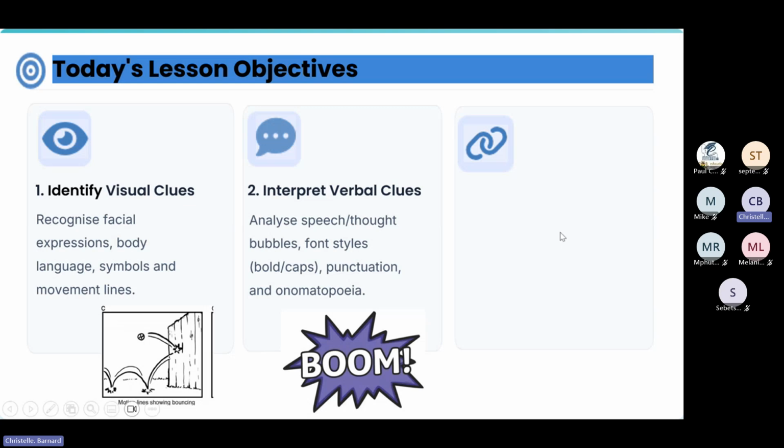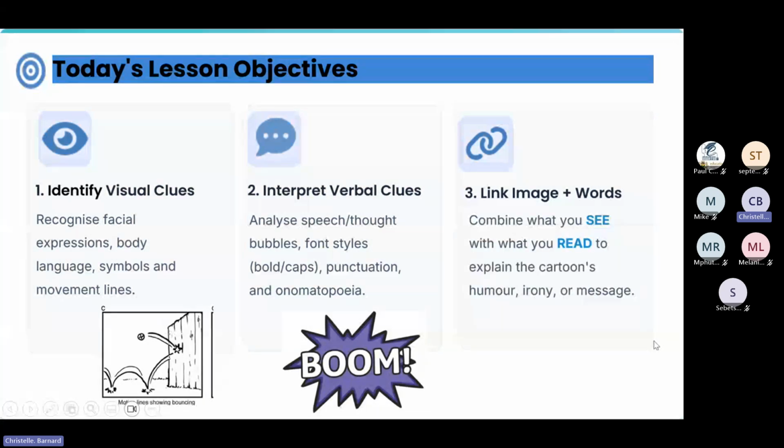You have to link, connect the images and the words that you see in the cartoon. So combine what you see with what you read to explain the cartoon's humor, irony or message. If you link these things together, you will get an idea of what the cartoonist is trying to say, what the message is, or what makes the cartoon funny.